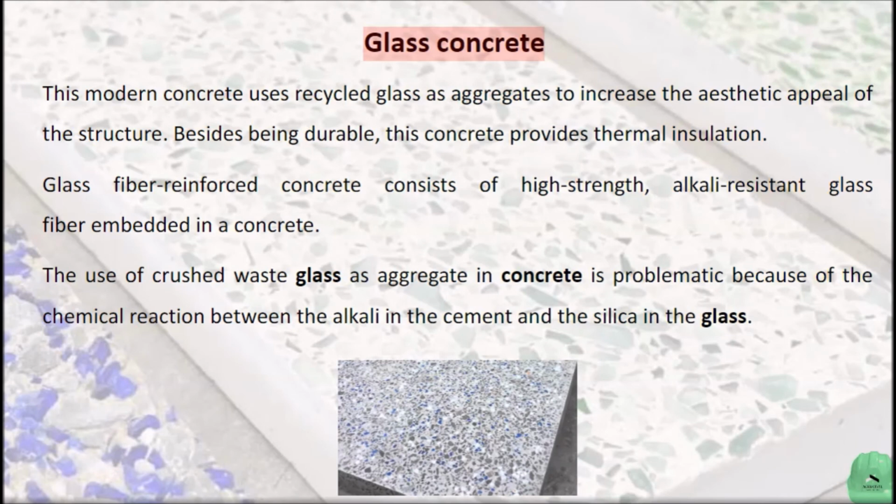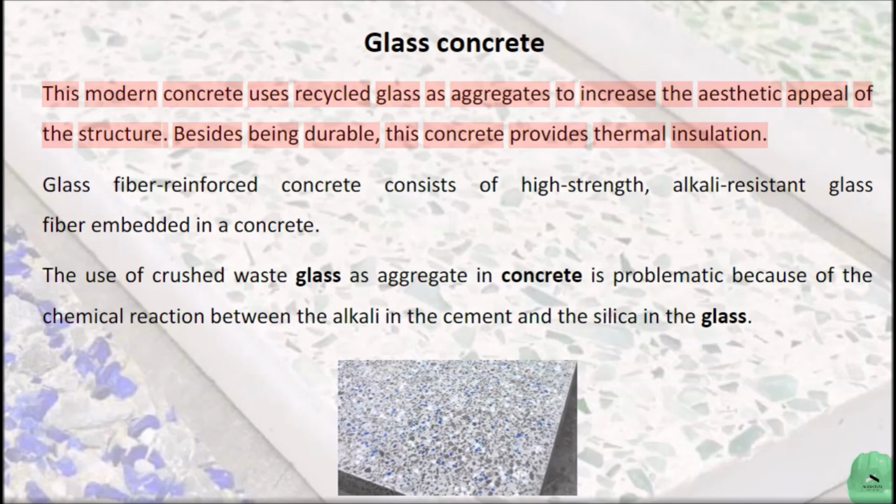Glass concrete. This modern concrete uses recycled glass as aggregates to increase the aesthetic appeal of the structure. Besides being durable, this concrete provides thermal insulation.